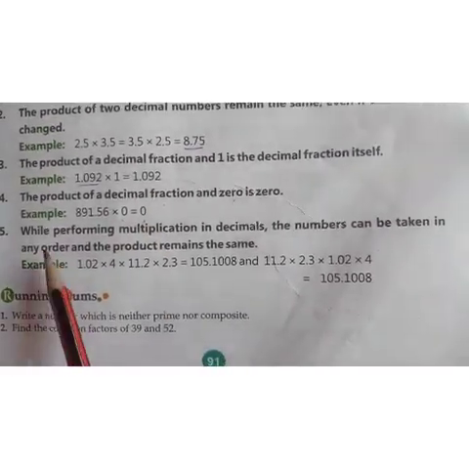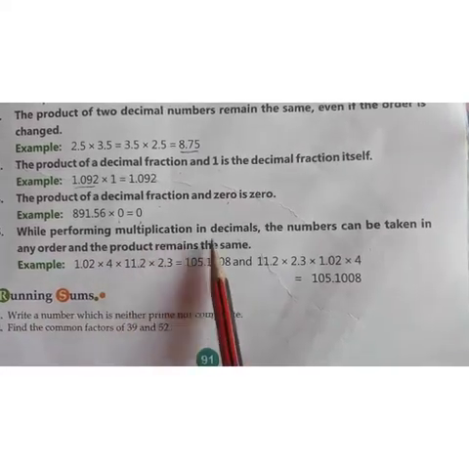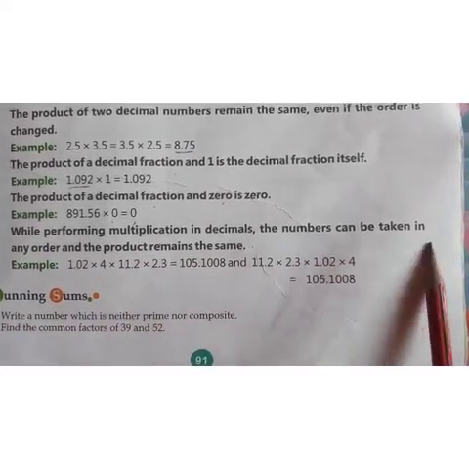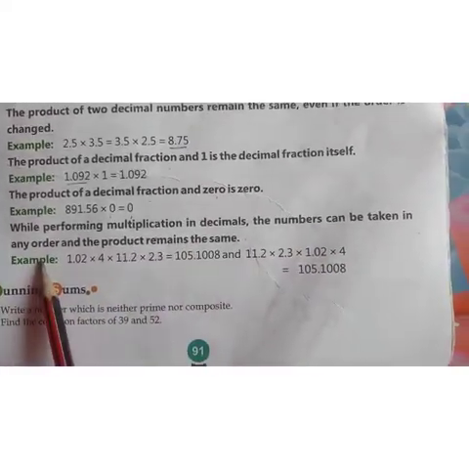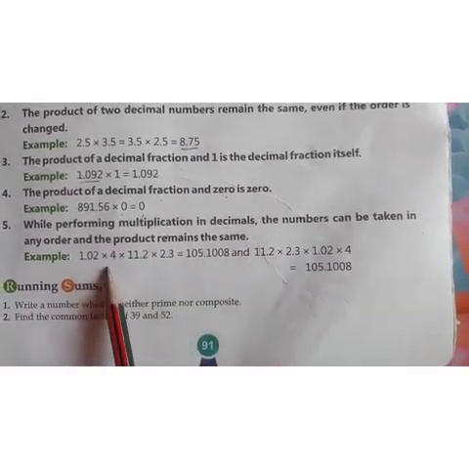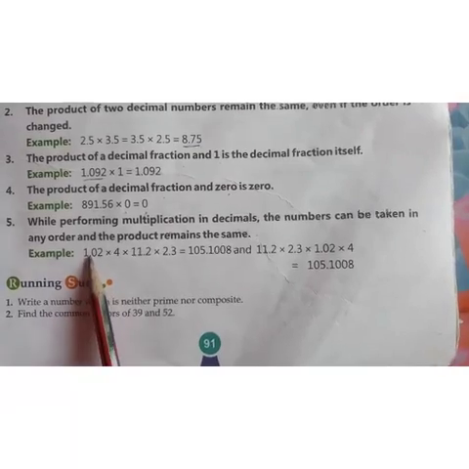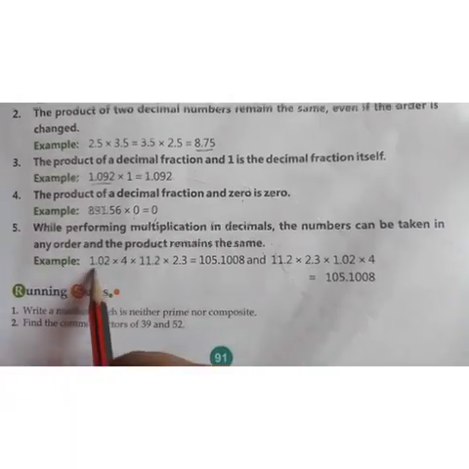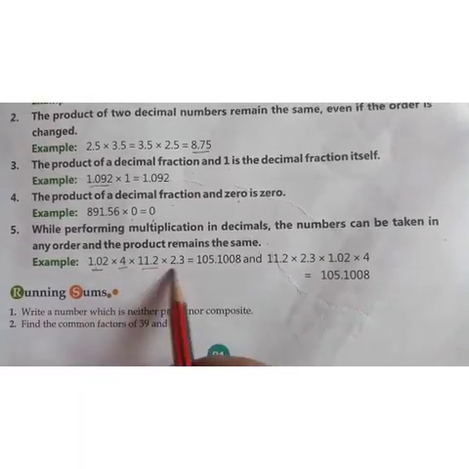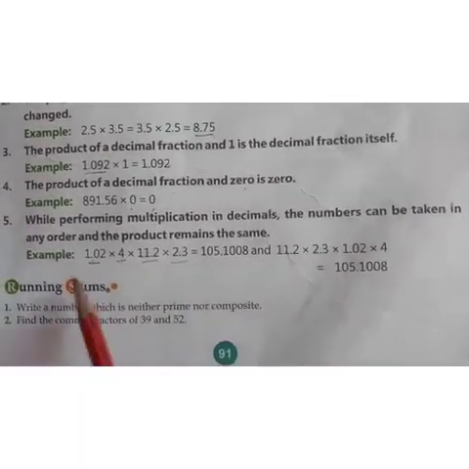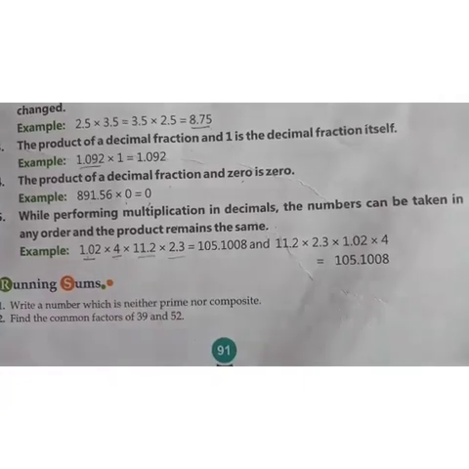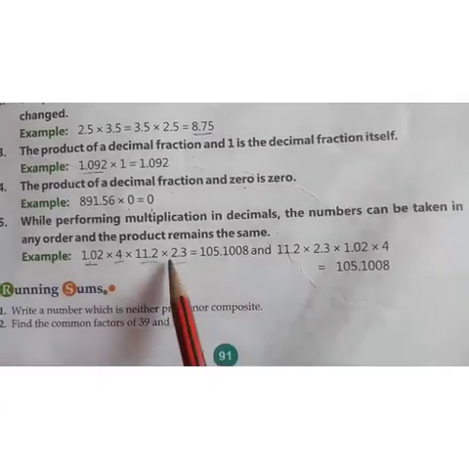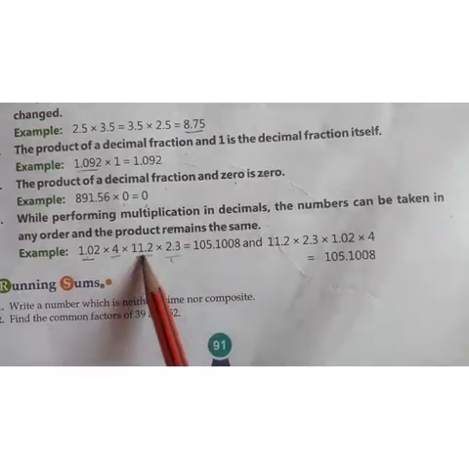Next we have, while performing multiplication in decimals, the numbers can be taken in any order and the product remains the same. So children, whenever you are performing multiplication, you may take any of the numbers. There may be many numbers. Here we have 4 numbers. You can take all these 4 numbers in any order. Either 2.3 first or this one or this one.